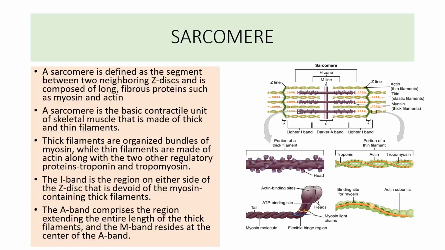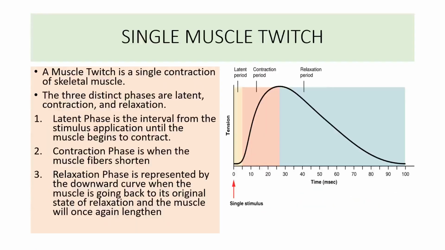The I band is present on either side of the Z line, whereas the A band is formed between the two Z lines. The thick filaments are attached to the Z line with the help of another protein known as titin. So this is the structure of the sarcomere.